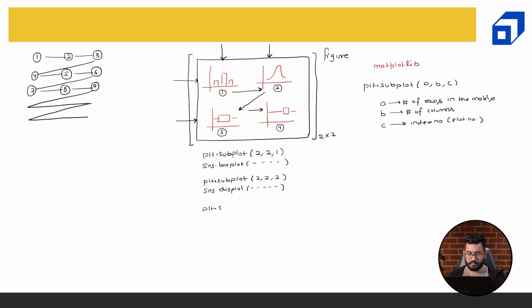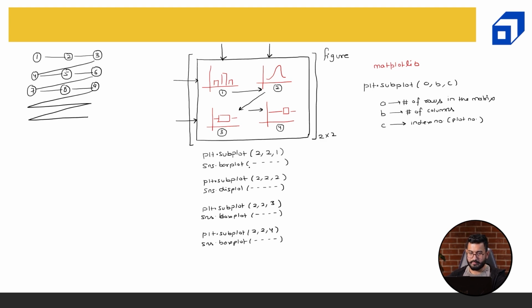Then the third plot, plt.subplot 2 row 2 column plot number 3. And below this, I'll write the code for the third plot. Similarly, plt.subplot 2 row 2 column plot number 4, and after this again I'll write the code for the last plot.